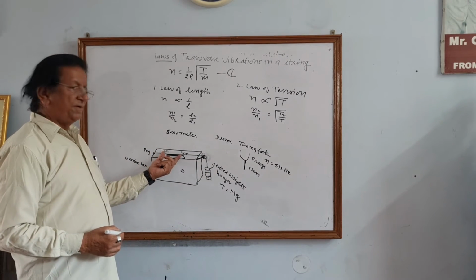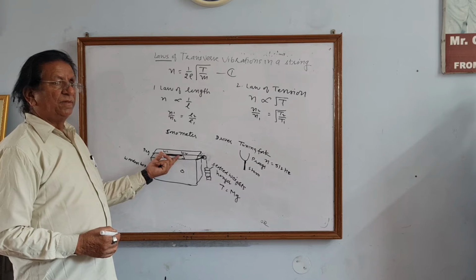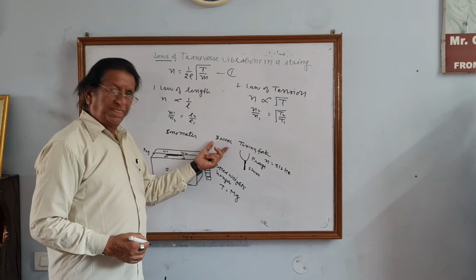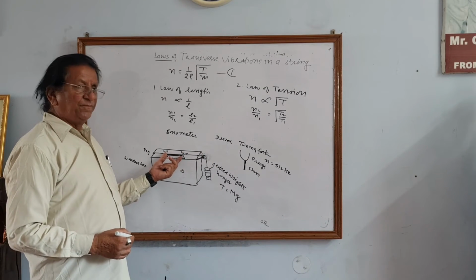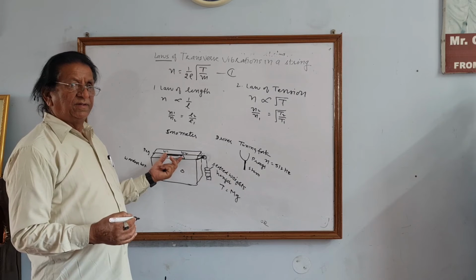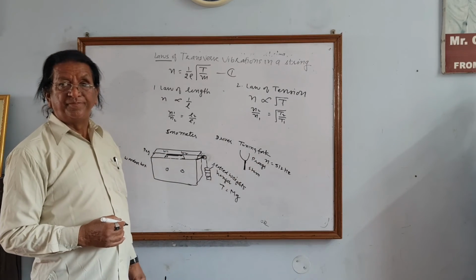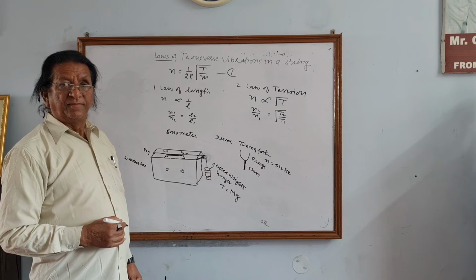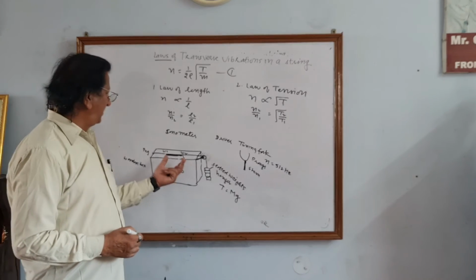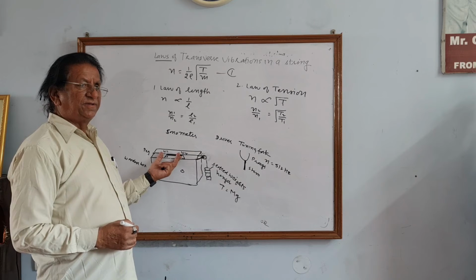This part of the string. This driver will make this part of the string vibrate with this frequency. This must be the natural frequency of this part of the string.